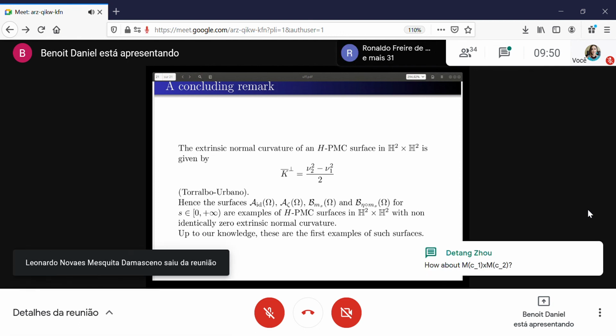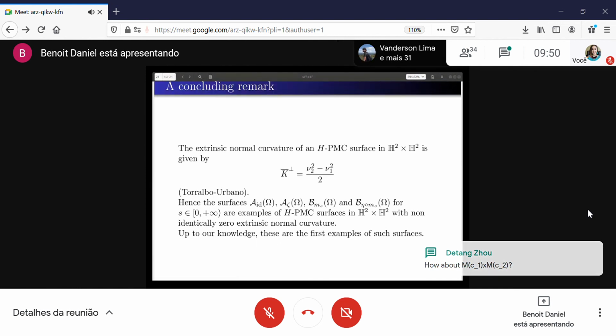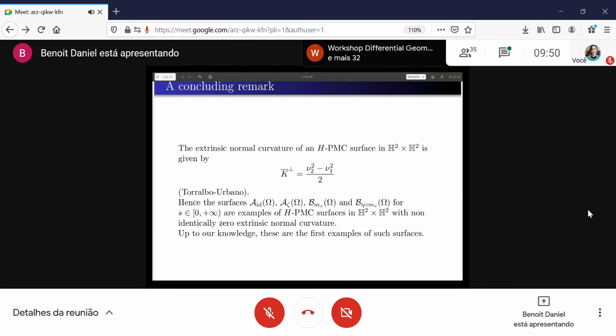How about the case with different curvatures, the product space? Well, good question. I think the problem is that in this case, you don't have the Toralbo-Urbano correspondence, because this correspondence is very specific to the fact that you have the two factors, you can exchange the products, and it gives you a very symmetric set of equations.